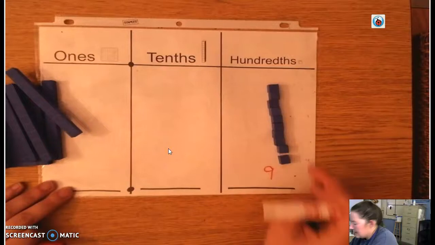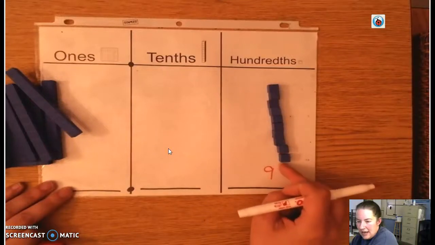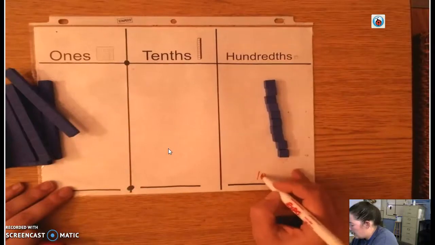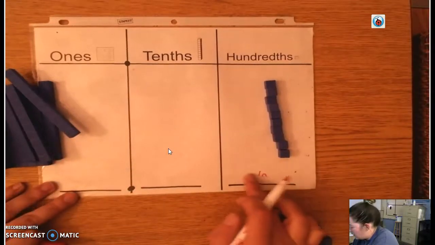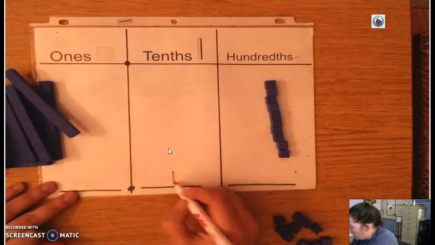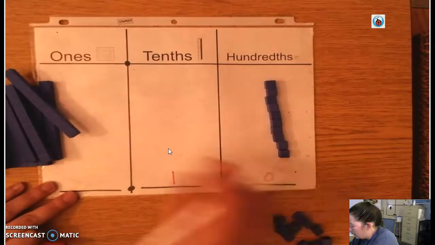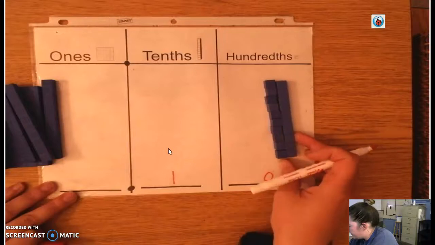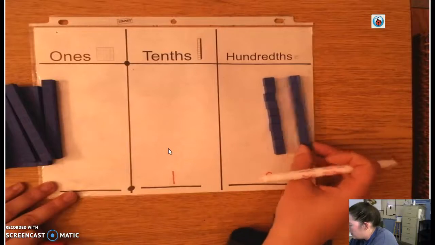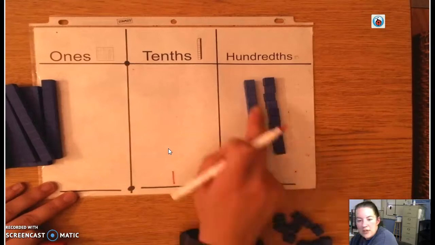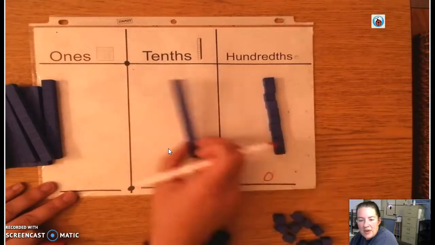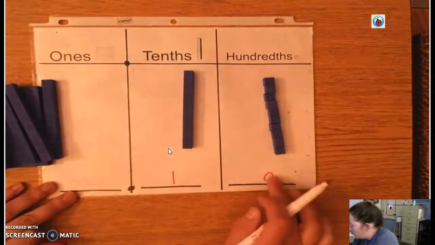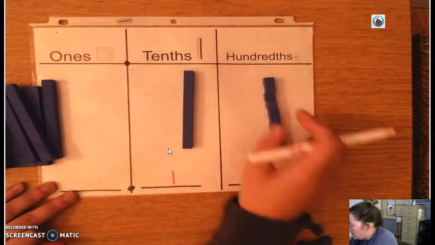This is 10 hundredths. I can't fit 10 in any place value spot, even including the decimal ones. I can't do 10 hundredths, so I would put the 1 here and the 0 here. Look, 10 hundredths is the same as 1/10. You see my 1/10 piece right here? 1/10 was the same as when I had 10 hundredths.